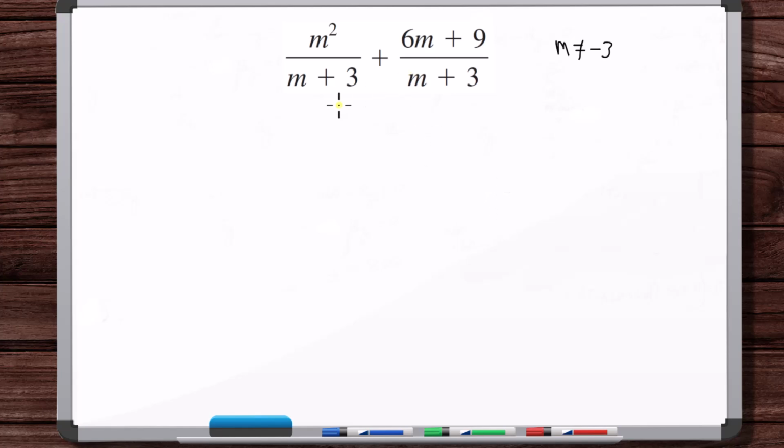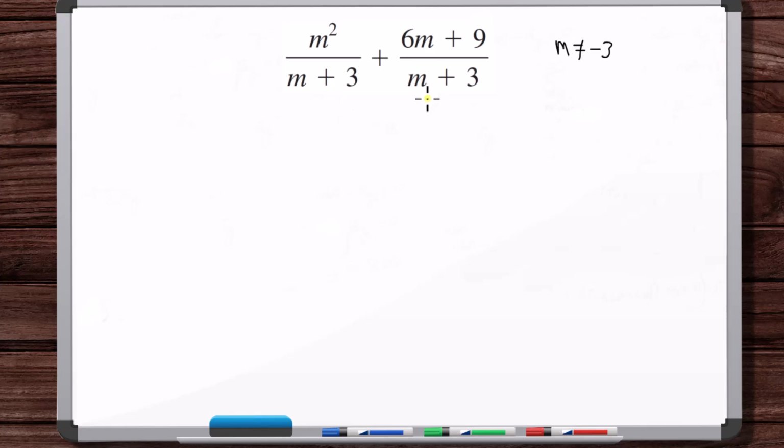So it doesn't matter what we simplify and get in the end. Whatever we get, m can't be equal to minus 3. We're going to clean this up, get it to a nice simplified form where we can take in any input variable, instead of putting it through all this, we can put it into some simpler form. But still, the original model is this here, and m can't be minus 3 because you can't divide by 0.